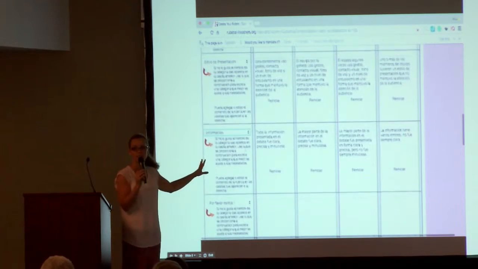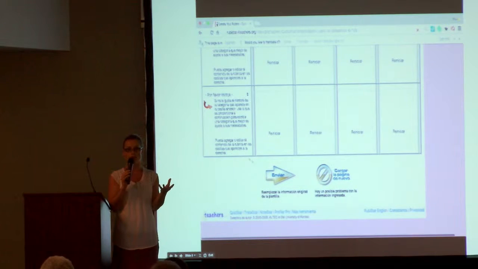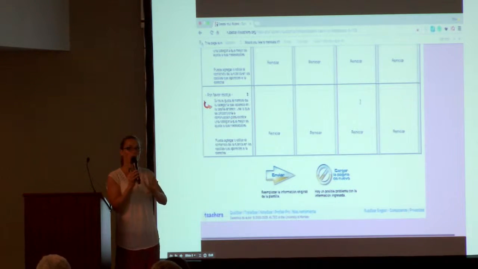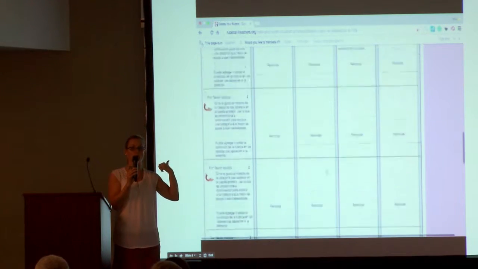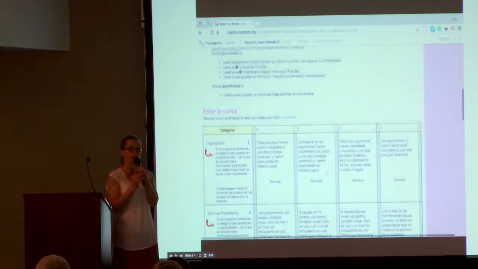What I love about this is you don't have to come up with it all from scratch by yourself, and a lot of times I just borrow language from Rubistar when I'm creating my own rubrics. So when we break and you have a chance to design a rubric, I would start with Rubistar and check it out, because you're going to save a lot of time beginning there.